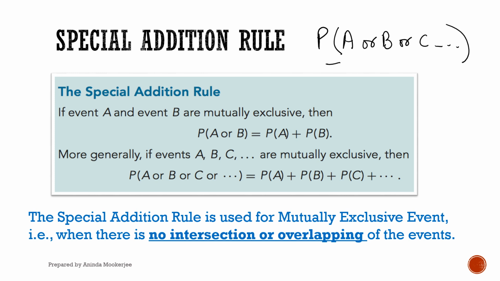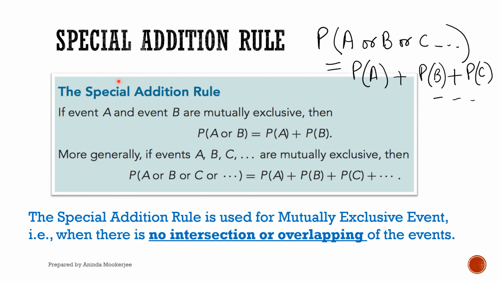And the formula for that is find the probability of A, find the probability of B, find the probability of C, and so on, and just add them up. So if someone asks you, what is the probability of event A happening or event B happening? All you do is find the probability of A, find the probability of B independently, separately, and just add them.